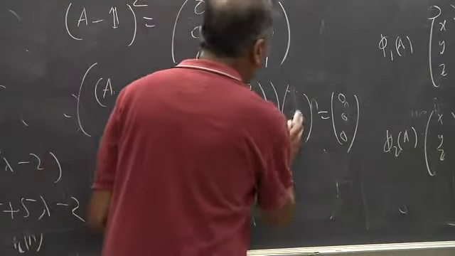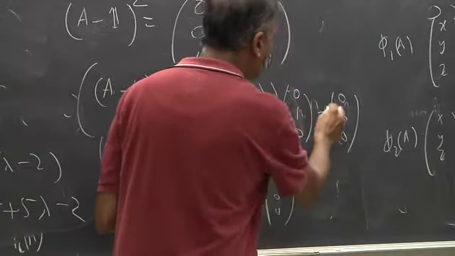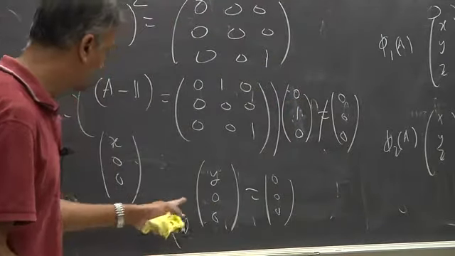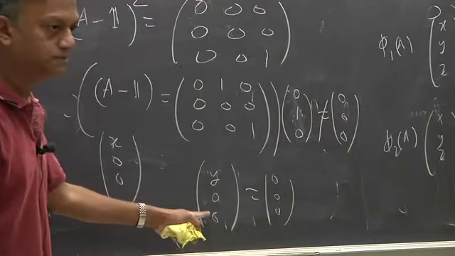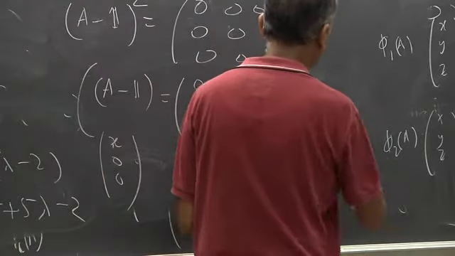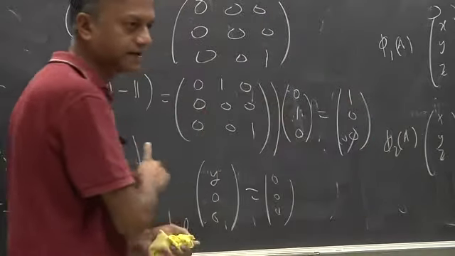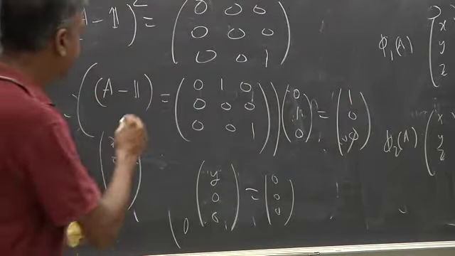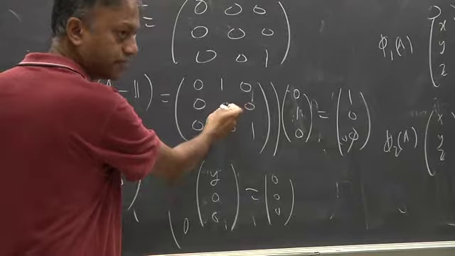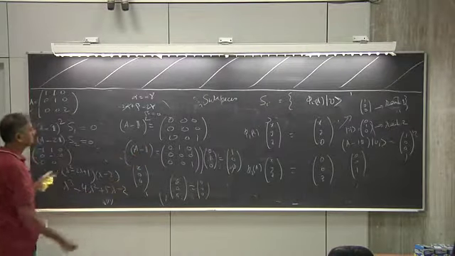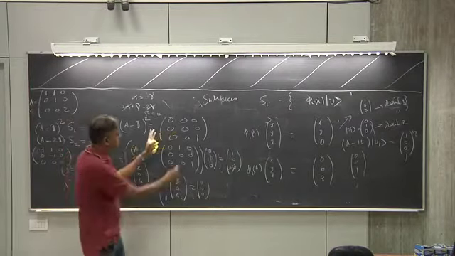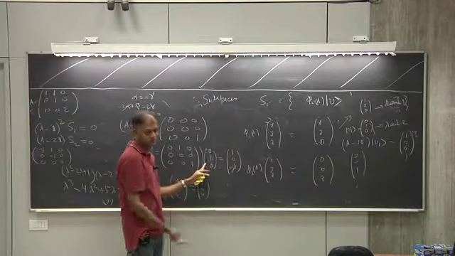But on the other hand, if I had taken 0, 1, 0, this is not equal to 0, 0, 0 because this gives you 1, 0, 0. So this is not an ordinary eigenvector. However, if you take the square of this matrix, A minus 1 square is that, right? Now apply that on this, it gives you 0.